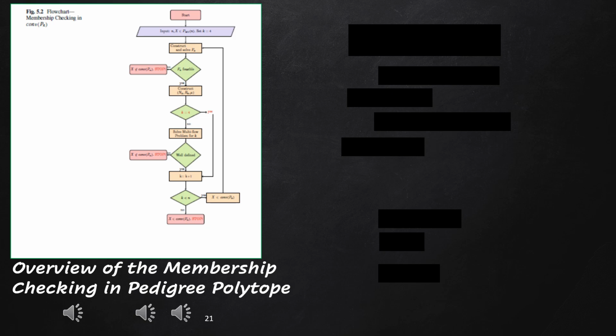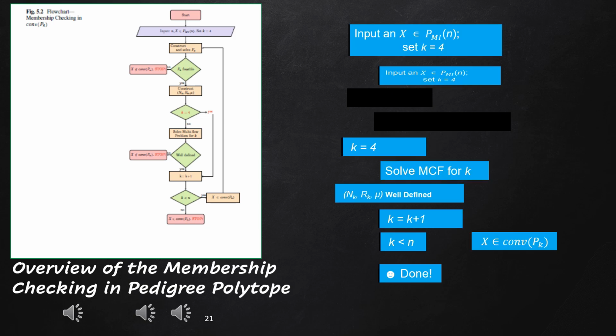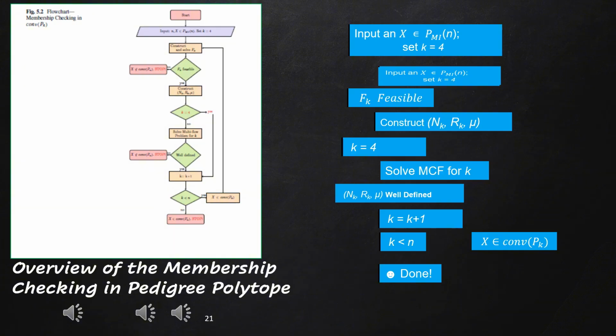Otherwise, we know that X belongs to convex P_k, and we construct Fk and check whether Fk is feasible. If not, we stop.